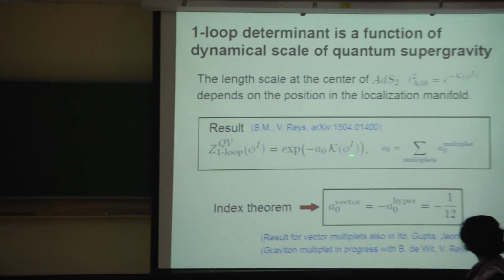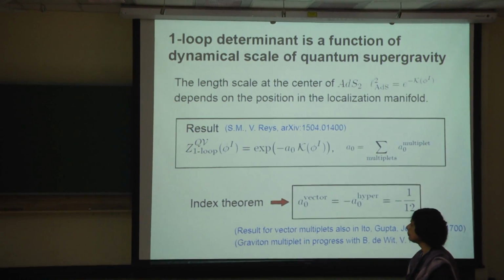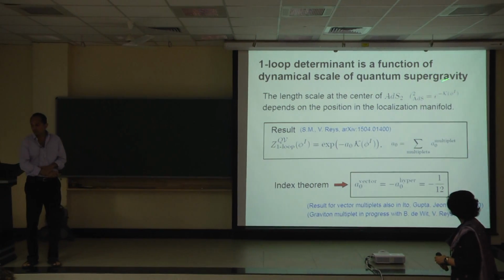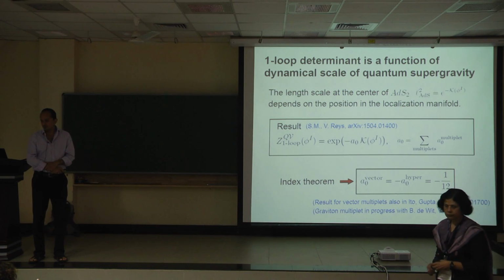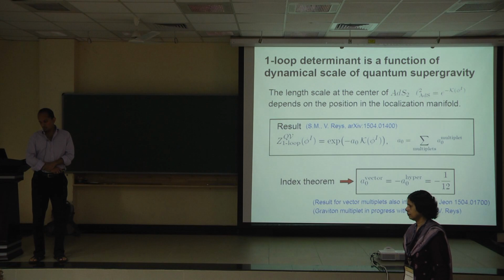So here, it's literally the length scale of the AdS2. You're asking if this has a phase. How would you expect the phase to be real? Be a function of a complex quantity.